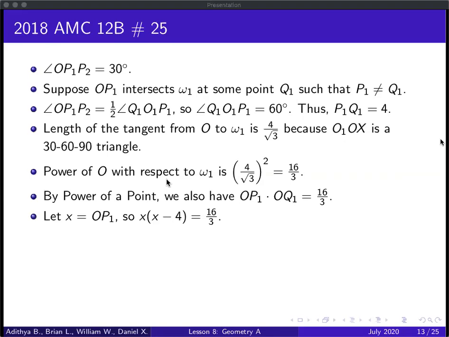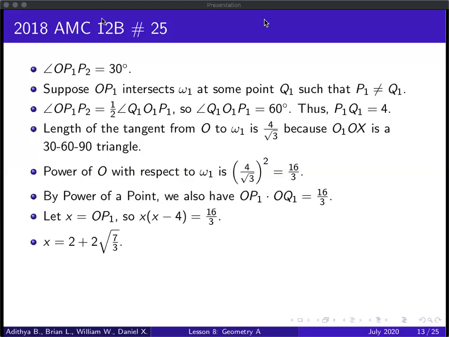Now we just get a quadratic equation for x, because both of these are relations for the power of O. So x times (x minus 4) has to equal 16 over 3. We can just solve this quadratic equation, and using the quadratic formula, we'll get x is 2 plus 2 times the square root of 7 over 3.